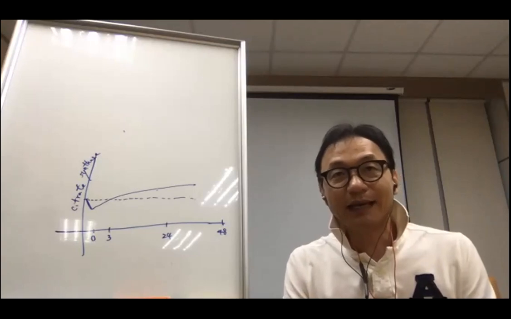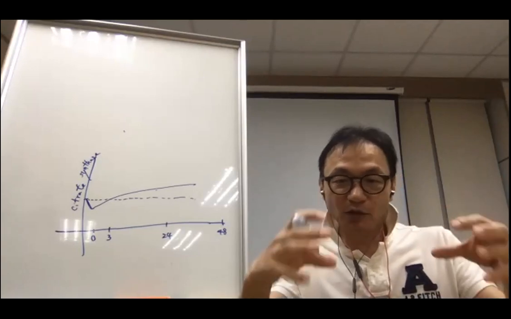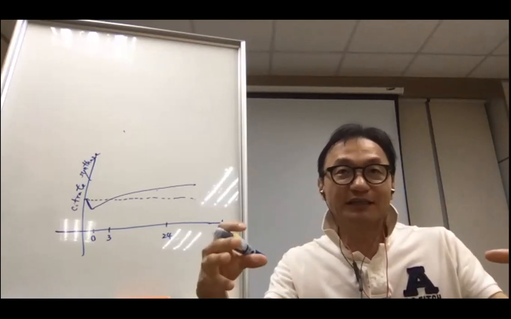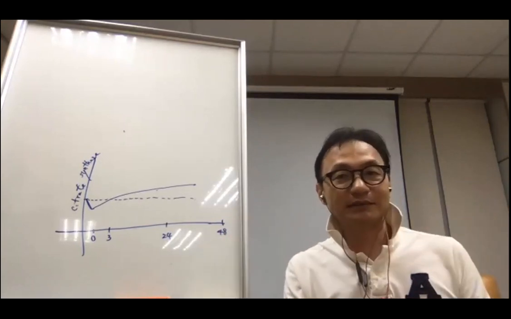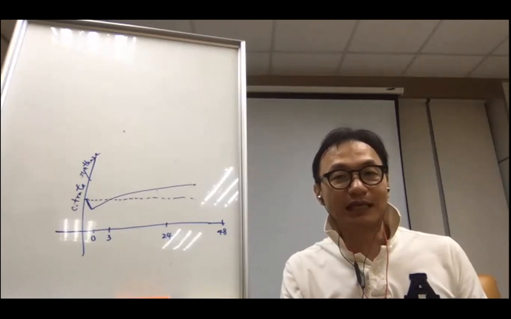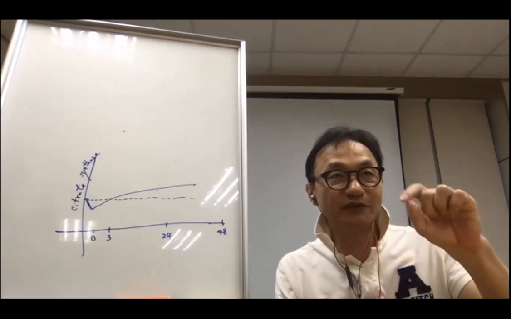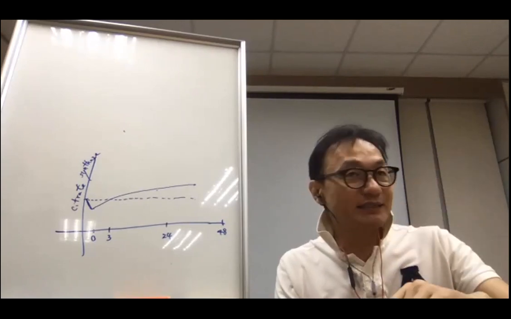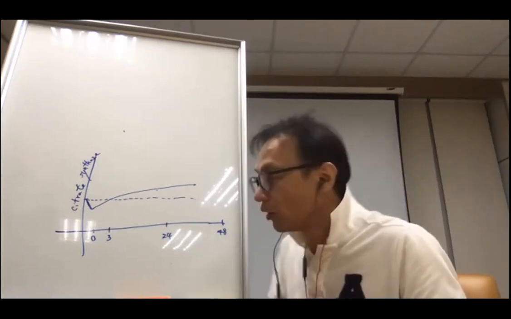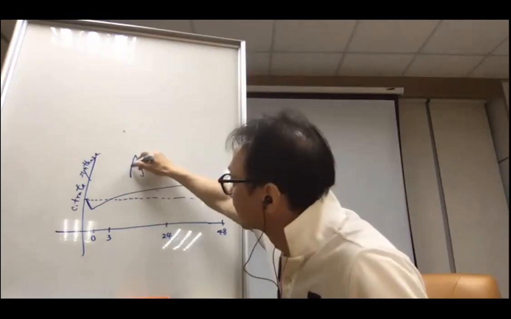When the mitochondria become unhealthy, they can be recognized at two levels. The first level is that the cell has a mechanism called autophagy.